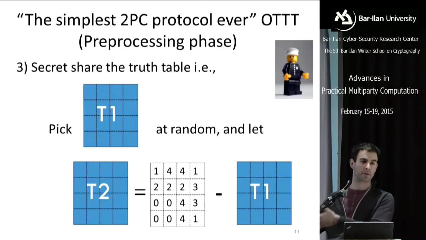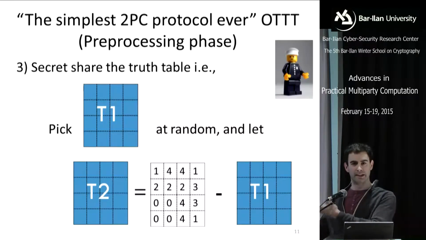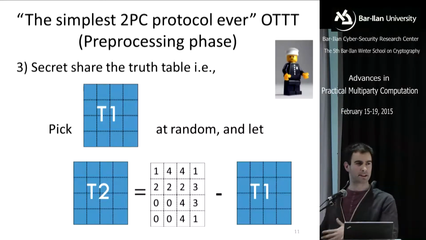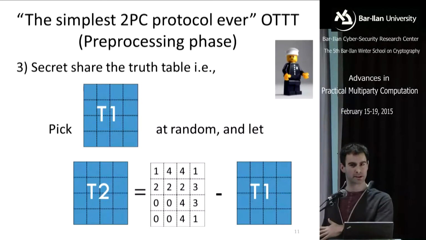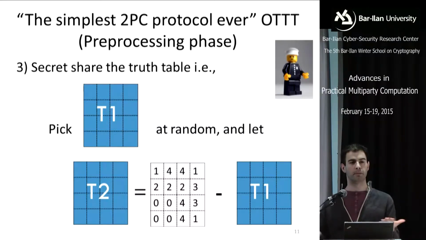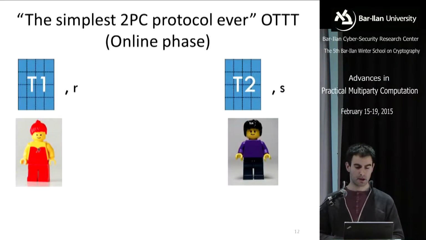For whatever group, in most cases those would be addition modulo something, or XORs. The modulo is always implicit, but plus and minuses are never integer operations, they are always group operations. So the dealer simply performs an additive secret sharing of this truth table, and now there are these two shares.